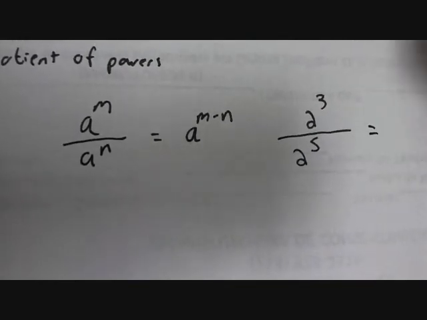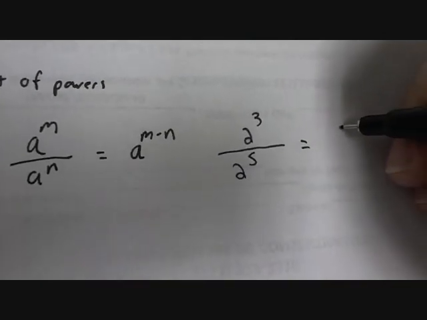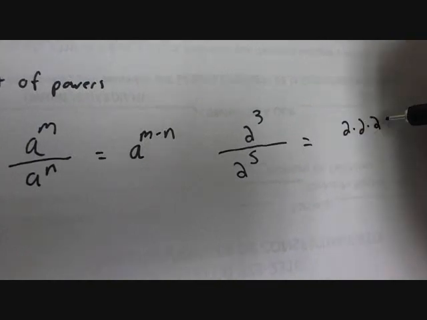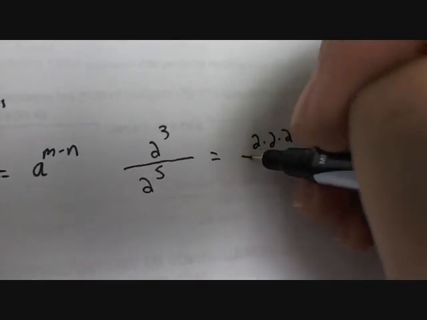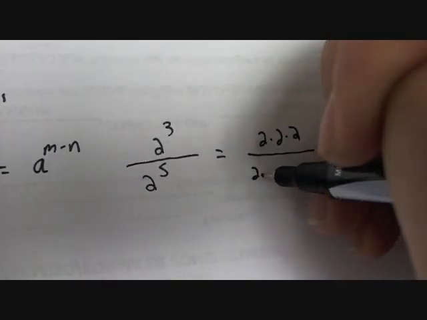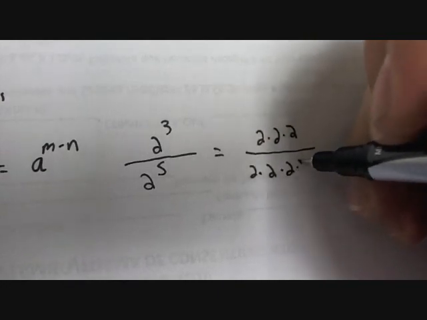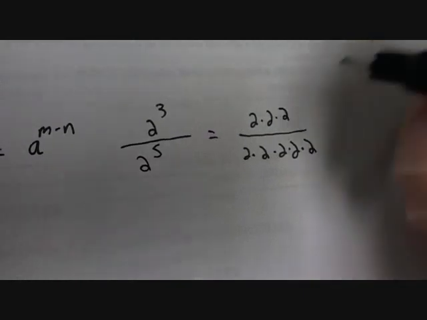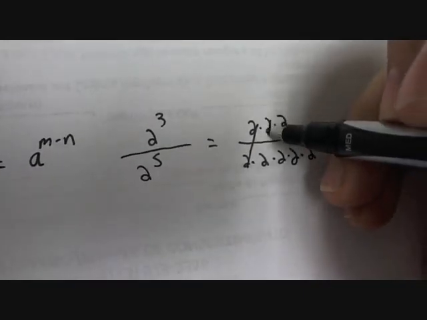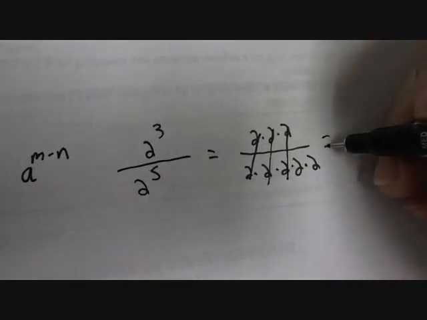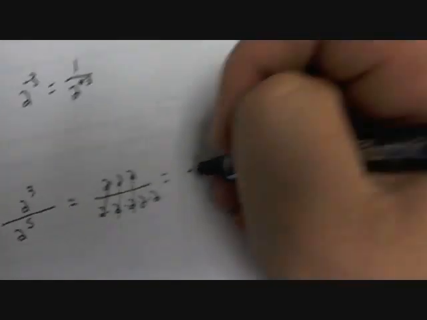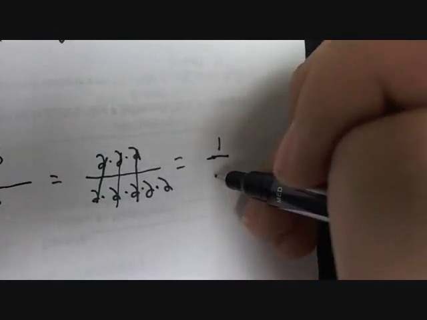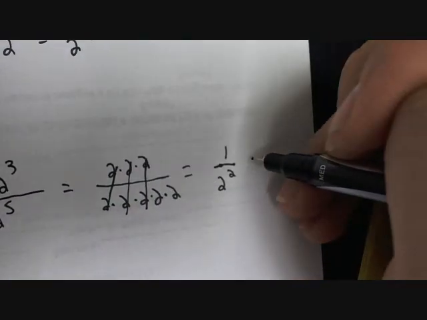Well, if you multiply everything out, 2 cubed is 2 times 2 times 2, and the bottom, 2 to the 5th, would be 2 times 2 times 2 times 2 times 2. Now you cancel out, and you're left with 1 over 2 squared.